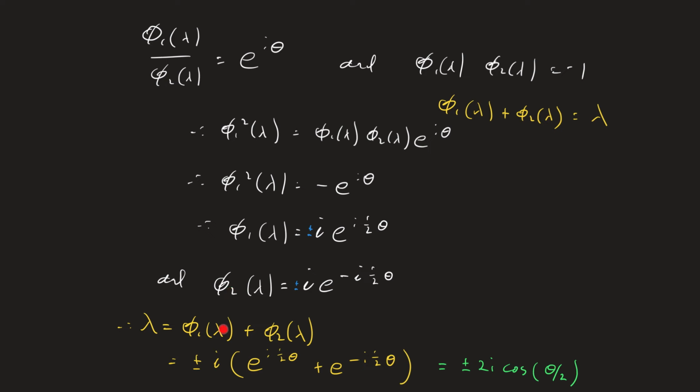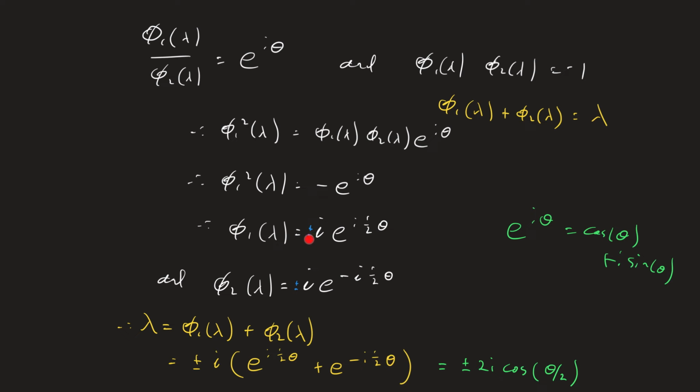So when we add these two up, we get either both of these are positive, and we get plus I times, in brackets, this plus this, which is the same as 2i cos theta on 2. Recall that e to the I theta equals cos theta plus I sine theta.